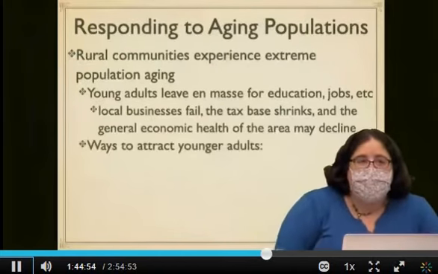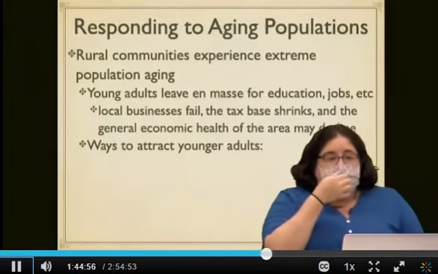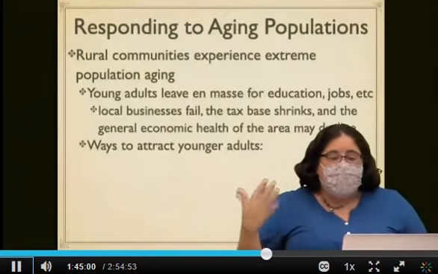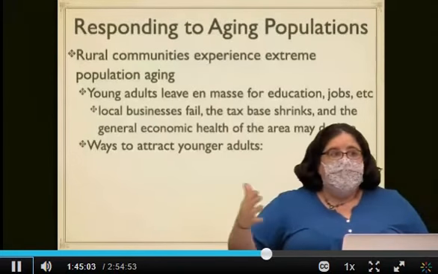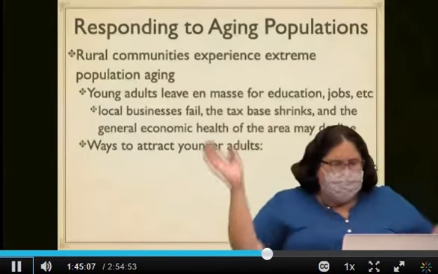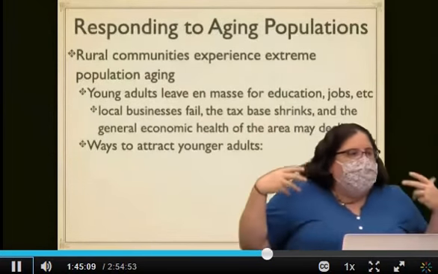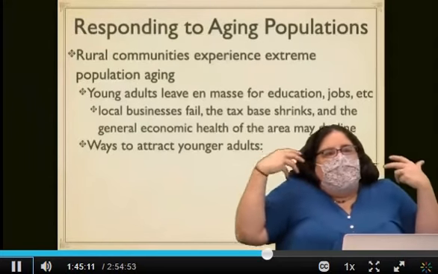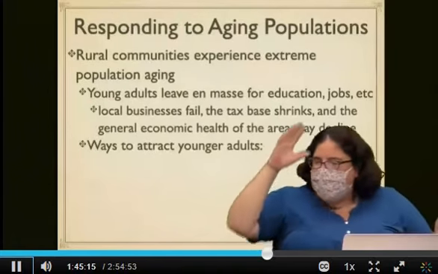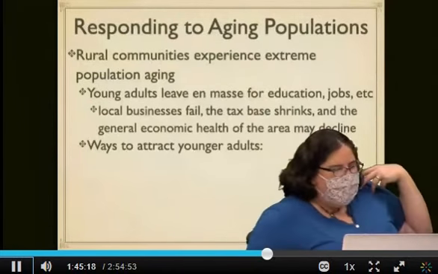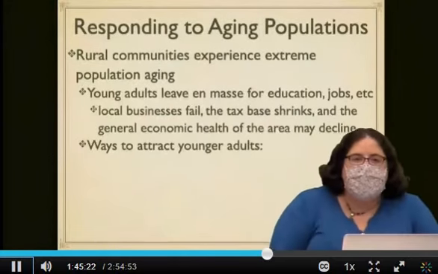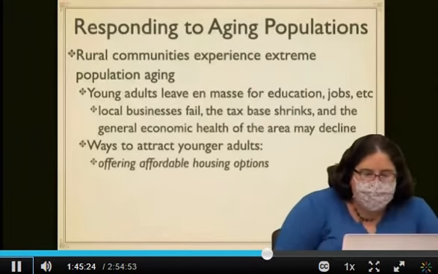So there is a huge movement in municipal politics to try to attract younger people to areas. This isn't a super rural area, but Gardner, Maine, has a Main Street, and they're trying to be really appealing to younger families. This is a fun little town, and you can open a business, and you can send them to a good school, and we're all a community. Trying to get younger people to come to the area.